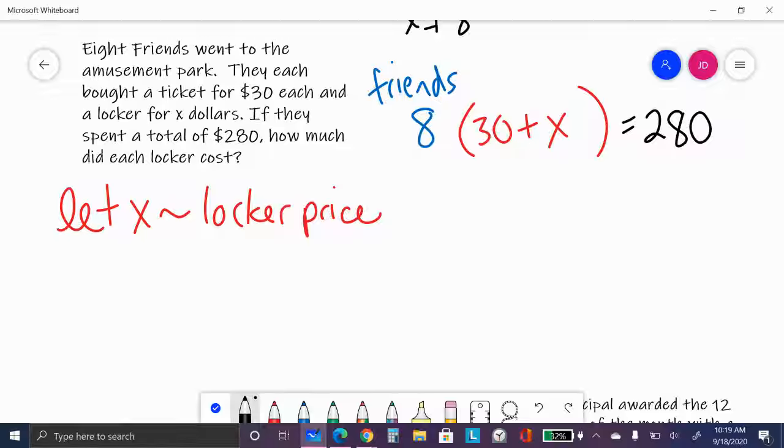So 8 friends, and what you have inside parentheses is how much they are spending to go to the amusement park.